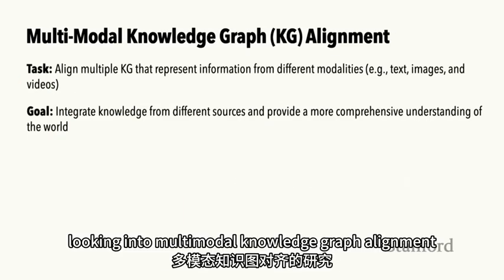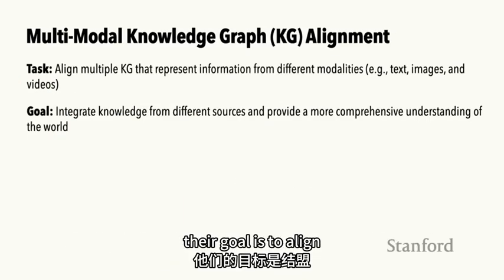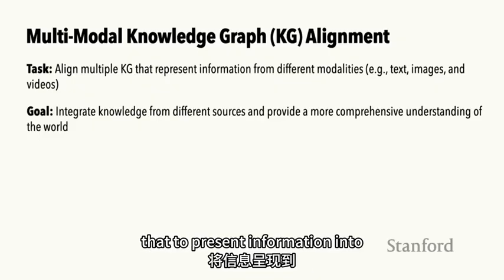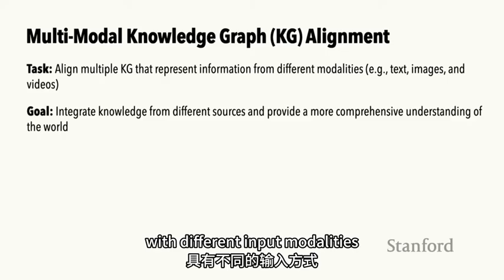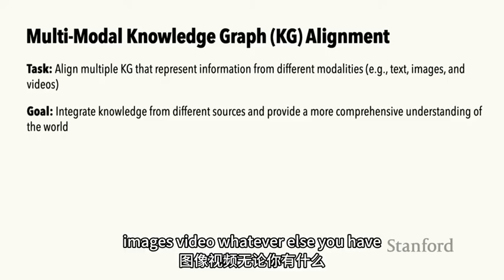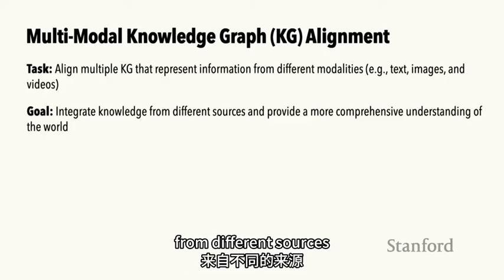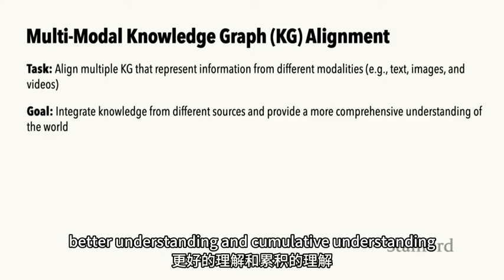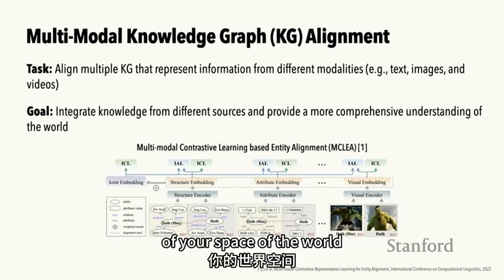Looking into multimodal knowledge graph alignment, their goal is to align multiple knowledge graphs that represent information with different input modalities. So we're talking about text, images, video, whatever else you have, and integrate all this knowledge from different sources in order to create this better and cumulative understanding of your space, of the world.